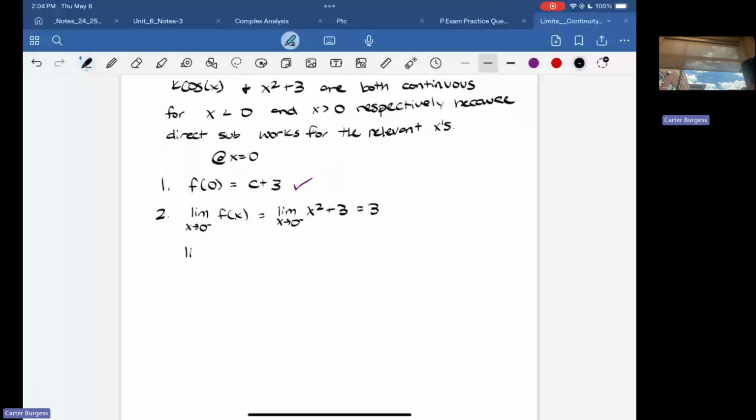And then we have the limit as x approaches 0 from the right, which is going to be using which function? The very bottom one, right? So equals k times cosine of x, which direct substitution tells us is just k times 1. And since these must be equal, what do we know? k must be equal to 3.